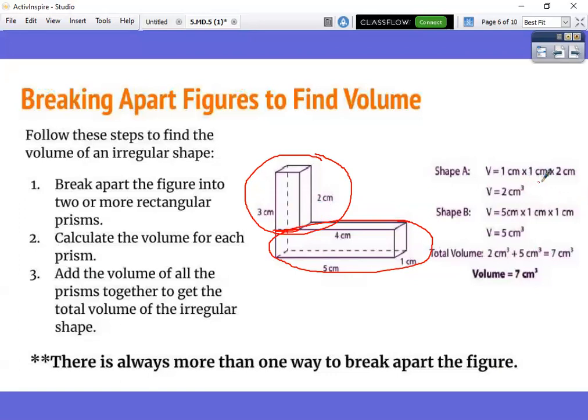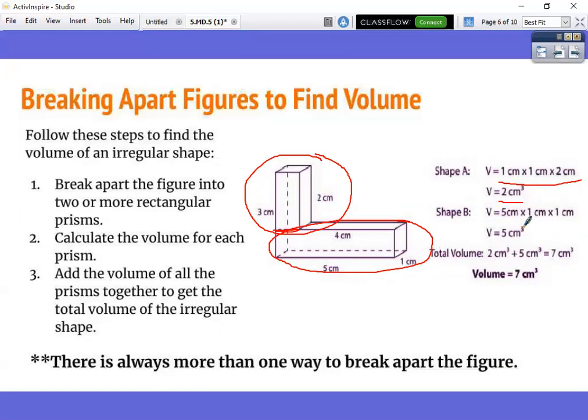So if we multiply those 3 dimensions together, 1 times 1 times 2 gives us a volume of 2 cubic centimeters. For shape B, we have a length of 5, a width of 1, and a height of 1. 5 times 1 times 1 equals 5 centimeters cubed.